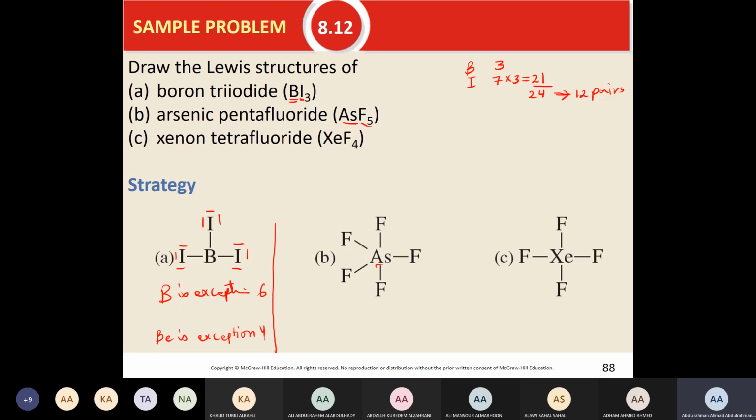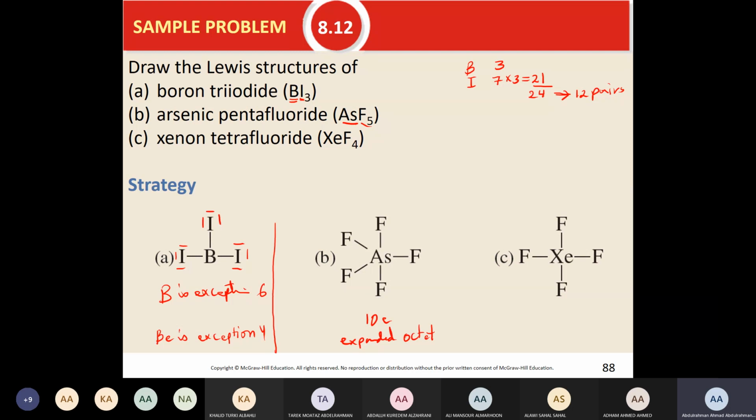Now, without doing anything, how many electrons around the arsenic? 10. So again, this is an exception to the octet rule, because what do we call this? Expanded octet. It's not an octet, it's an expanded octet.